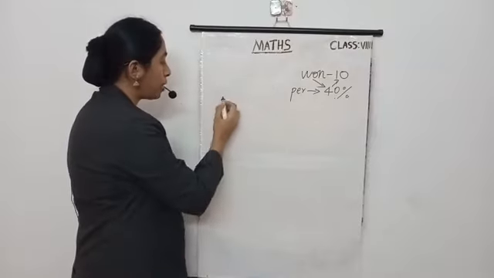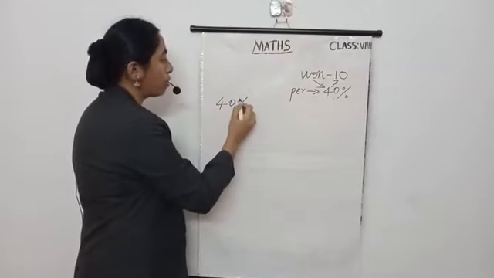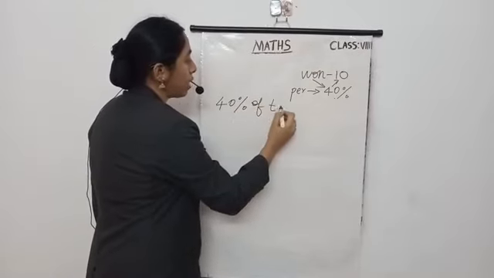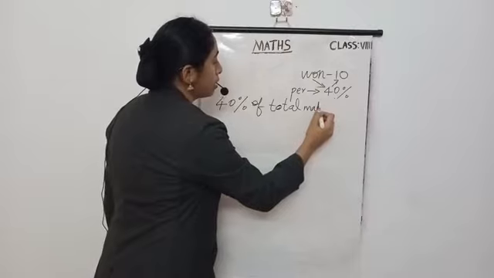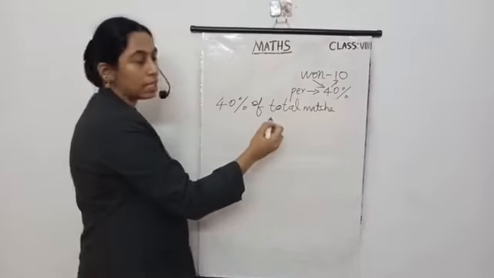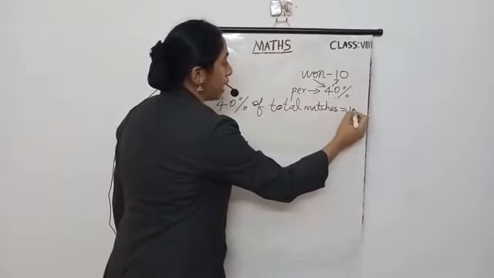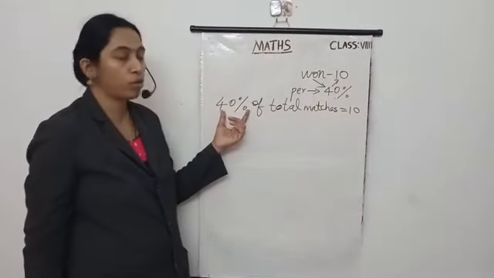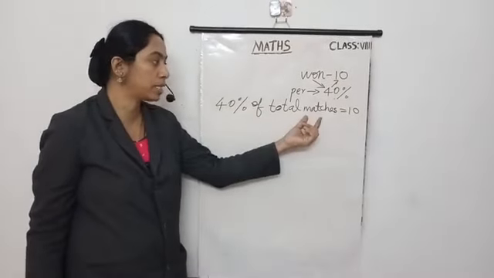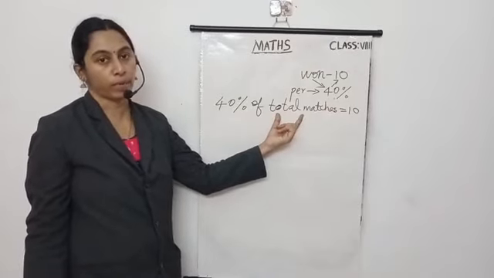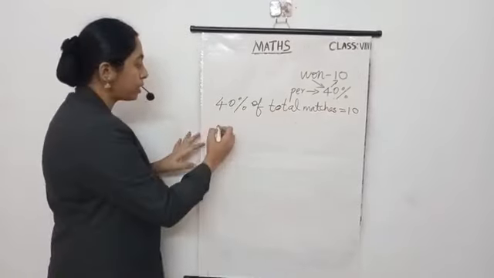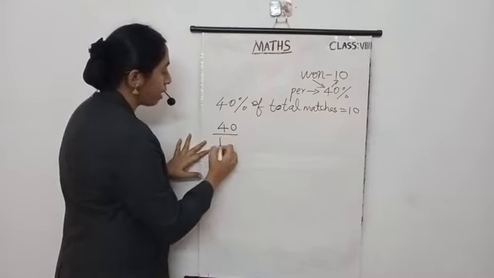So here is one connection: they won 10 matches and the percentage of wins is 40. So 40% of total matches they won. That is 10. 40% of total matches is 10. From this we can find the total number of matches, isn't it? 40% means 40 by 100.